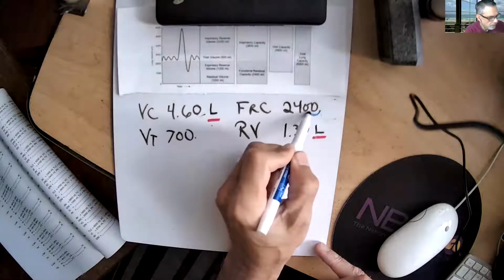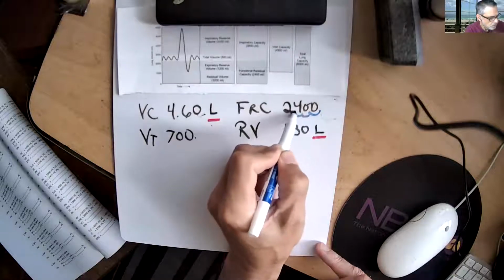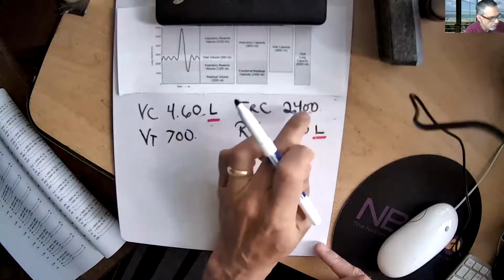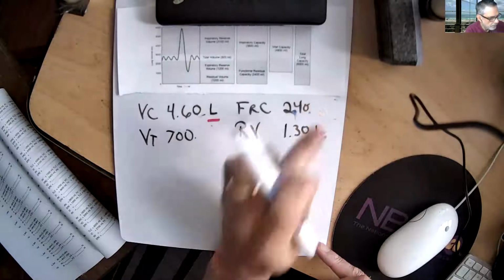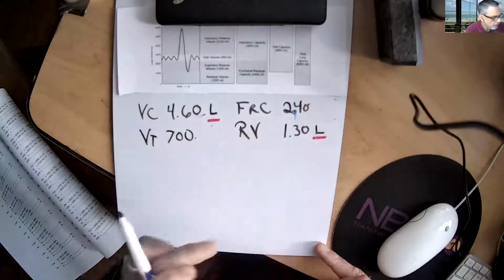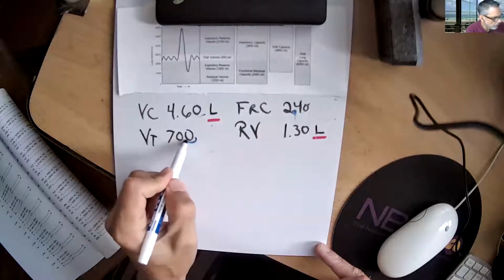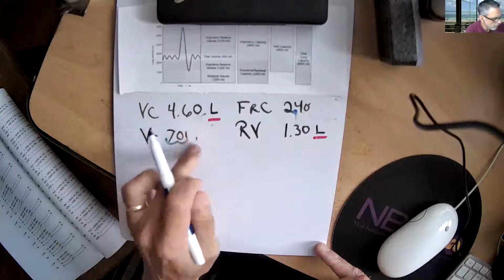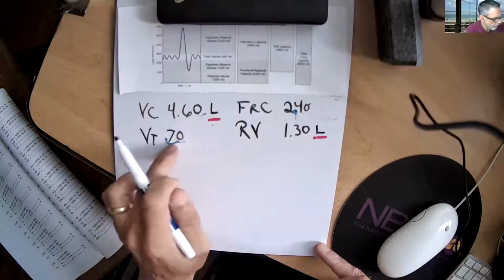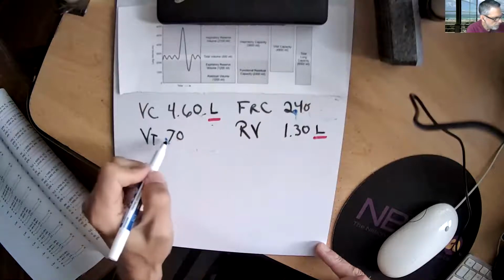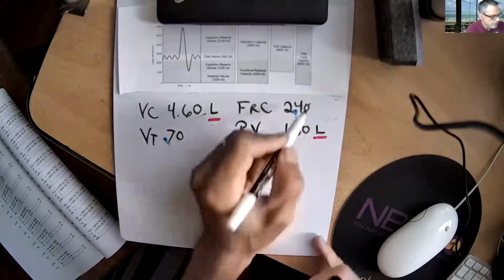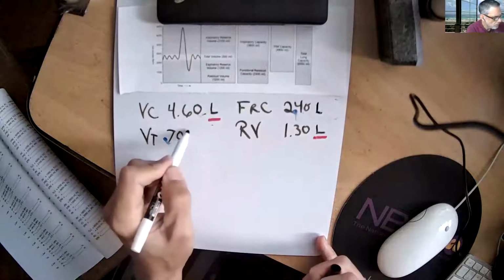So 1, 2, 3, and it's 2.4 liters here, and 1, 2, 3, 0.7 liters here. Okay, so now I have all of my units of measure the same.